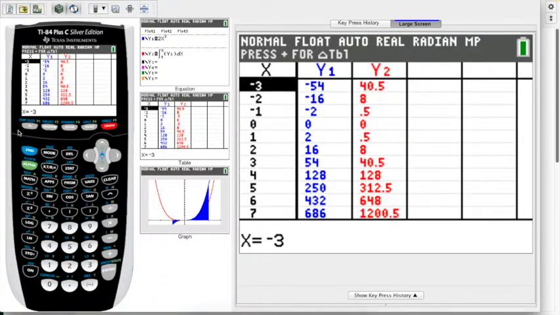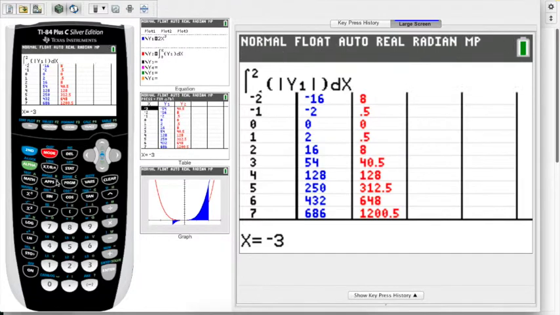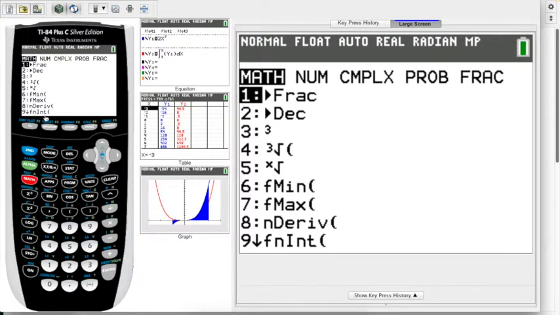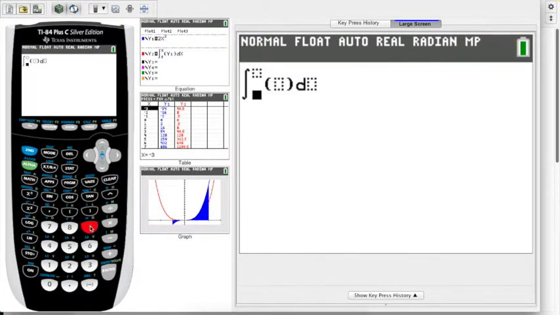So if we go back to our calculator and go back to our main screen, we can see that under the math key we have an fnInt function, number 9, and we're just going to go ahead and put in -1 to 2, and we can do one of two things.